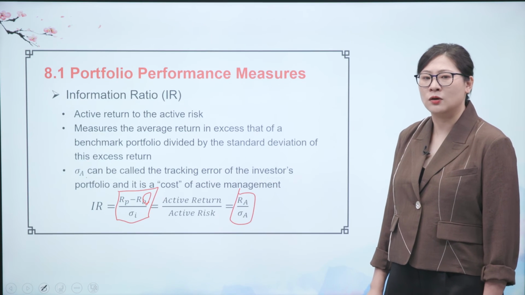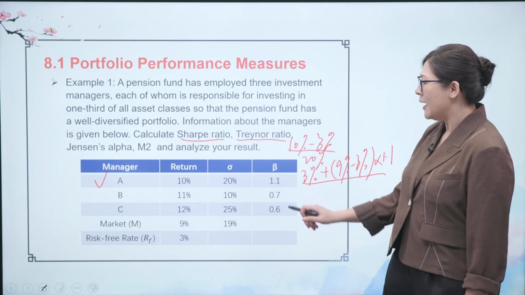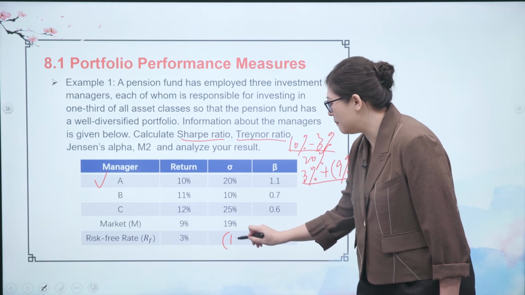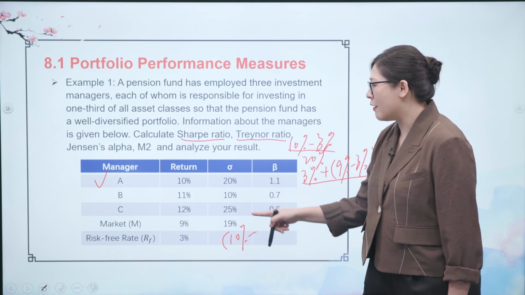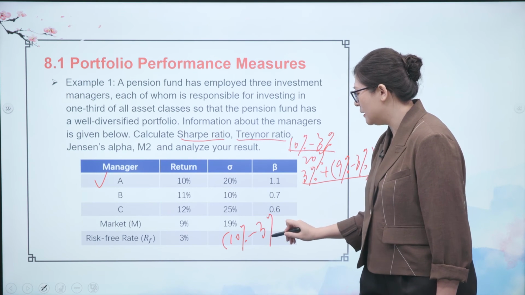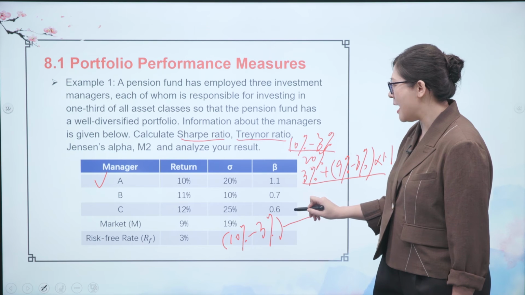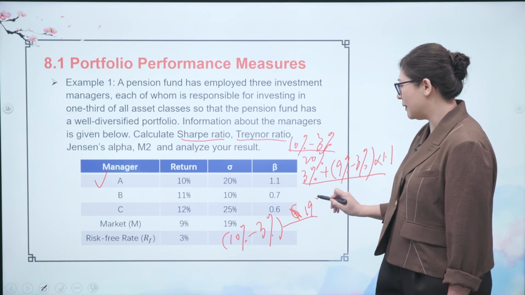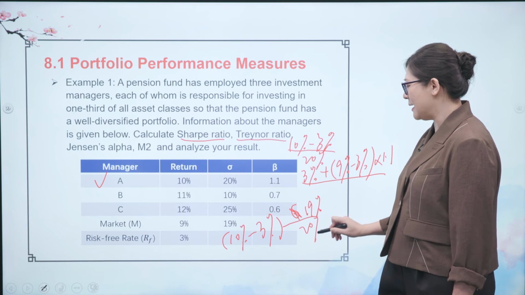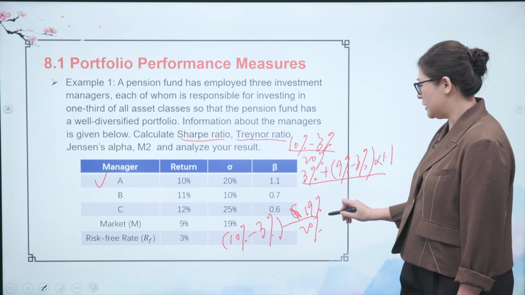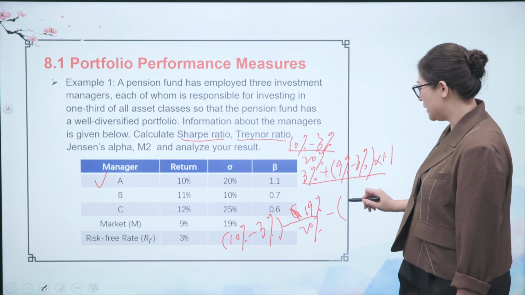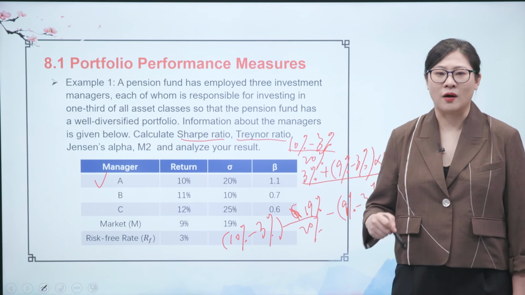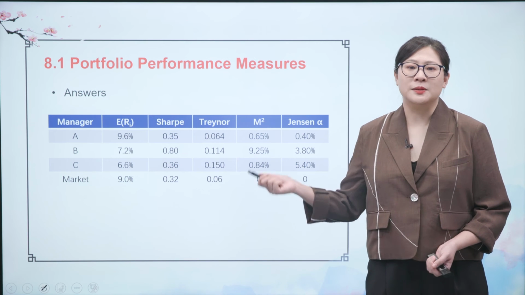So here, Rp is 10%, minus Rf, which is 3%, multiplied by sigma M, which is 19%, over 20%. And then you minus Rm, which is 9%, minus 3%. You will get our M square. Okay, so that's the result.